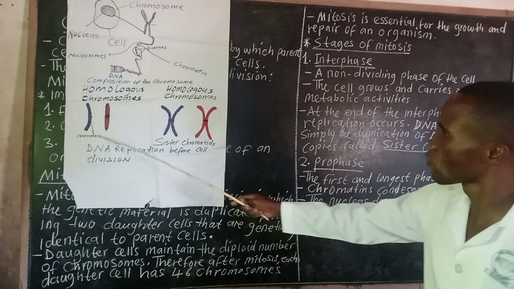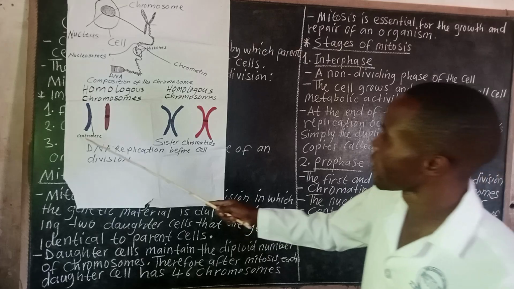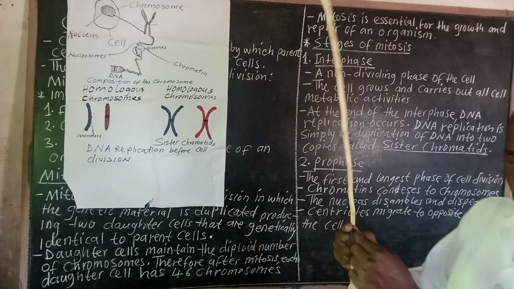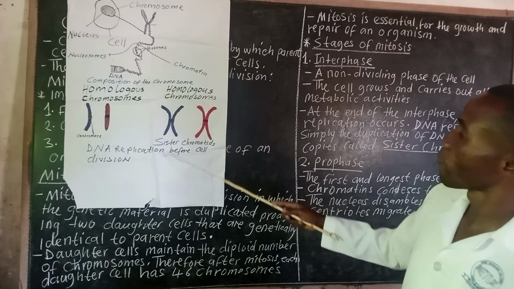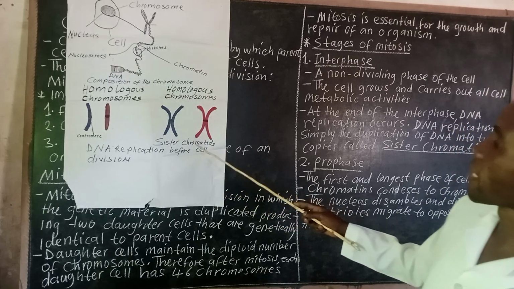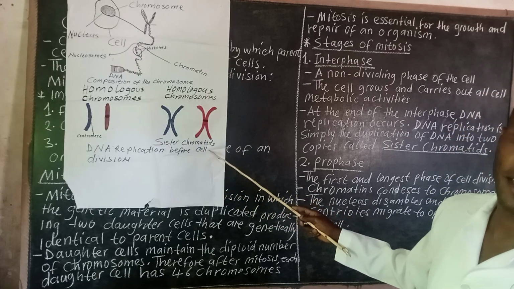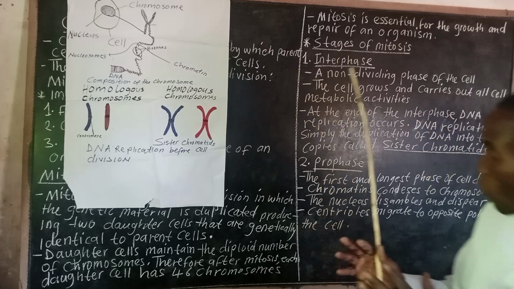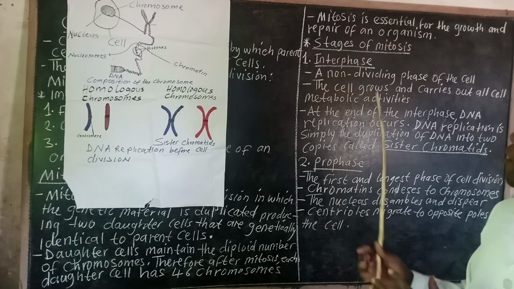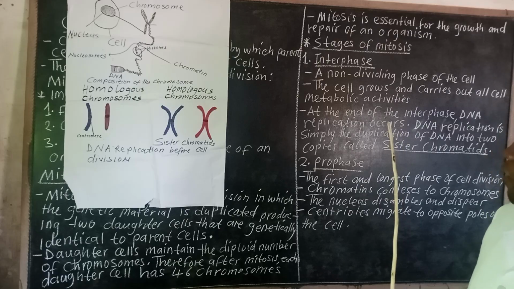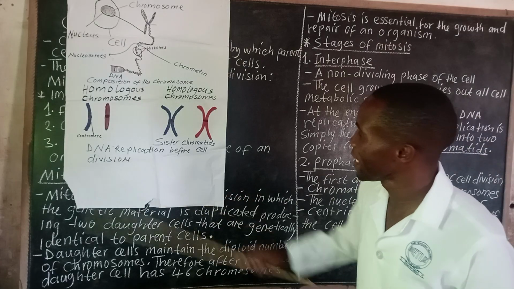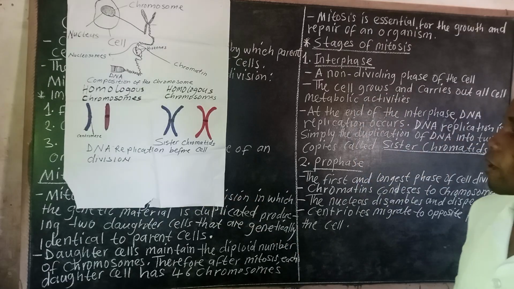When the two meet at the centromere, automatically they come up with sister chromatids, which are the small parts of the chromosome once it is divided. So that is DNA replication before the cell division.